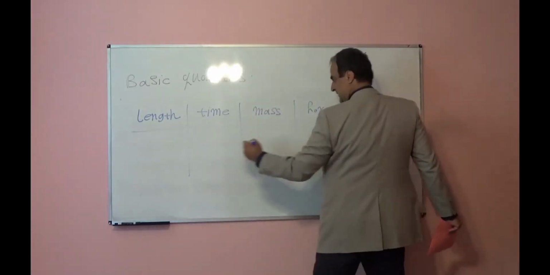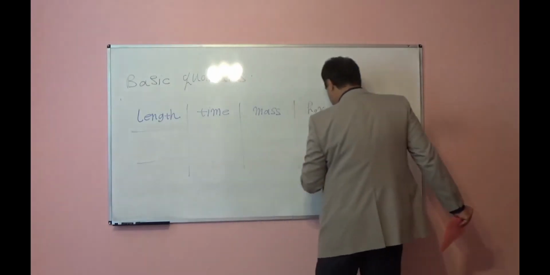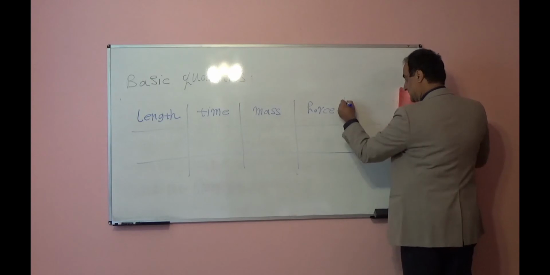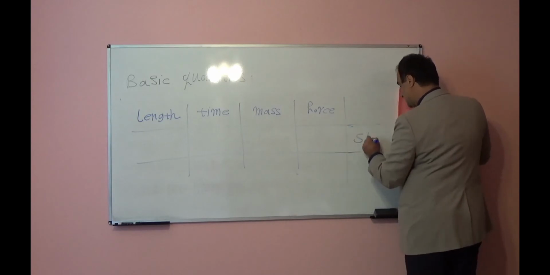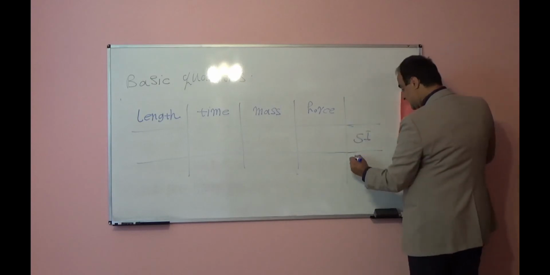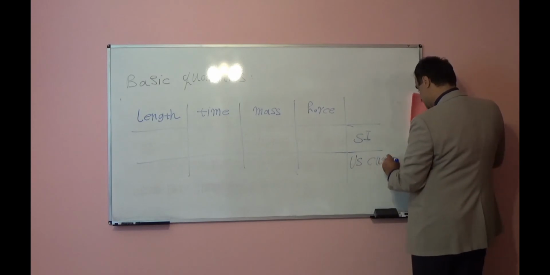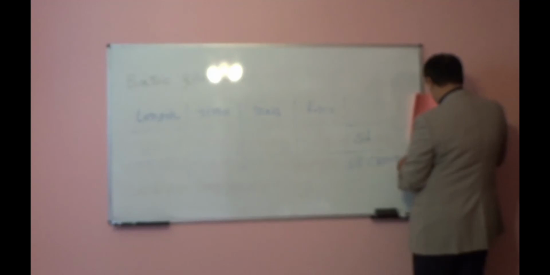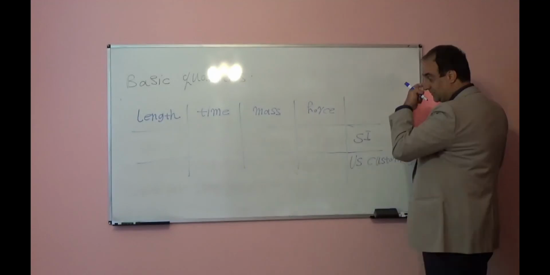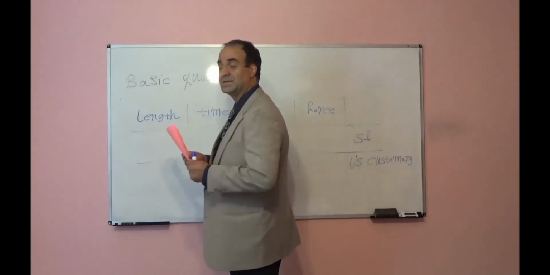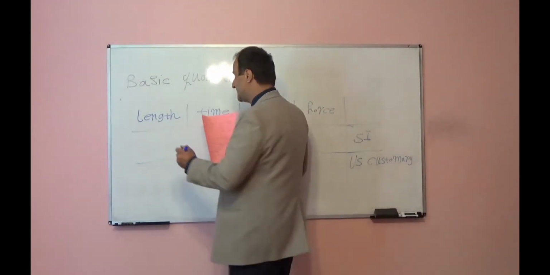Units: one is the international system or SI, another is US customary unit or British system. The unit for length in SI system is meter.